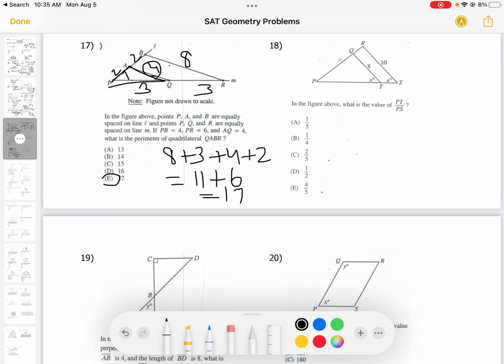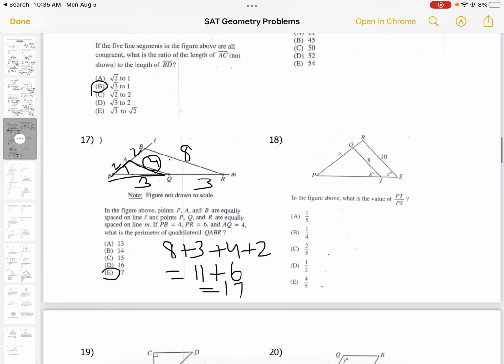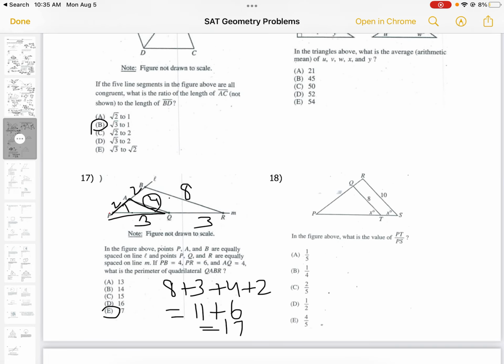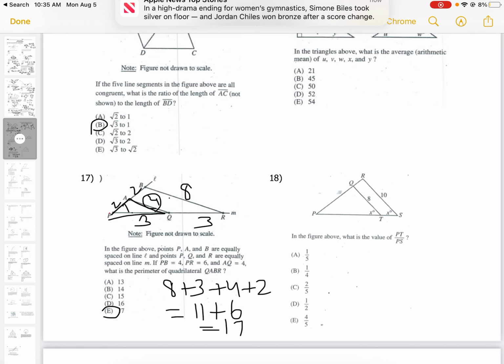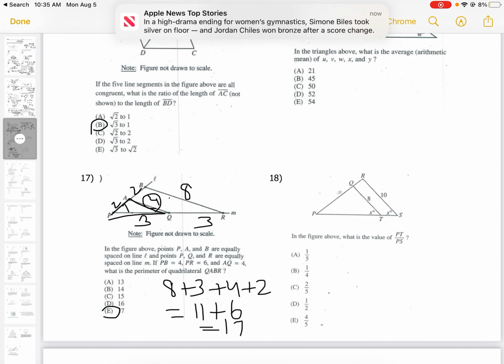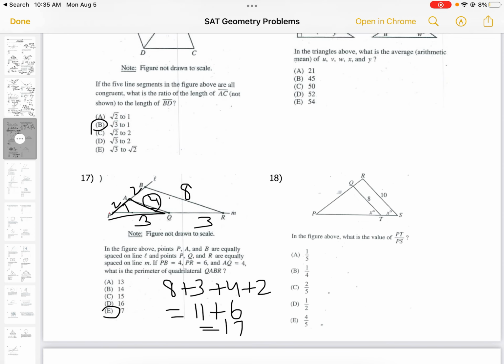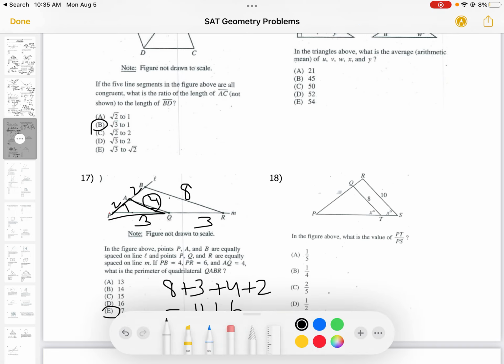And we'll do this one last problem, and then we'll be done for this video. Okay, in the figure above, what is the value of PT over PS? So what is the relationship here? You want PT over PS, right? Both this triangle and that triangle share angle P, and they also have another congruent angle.